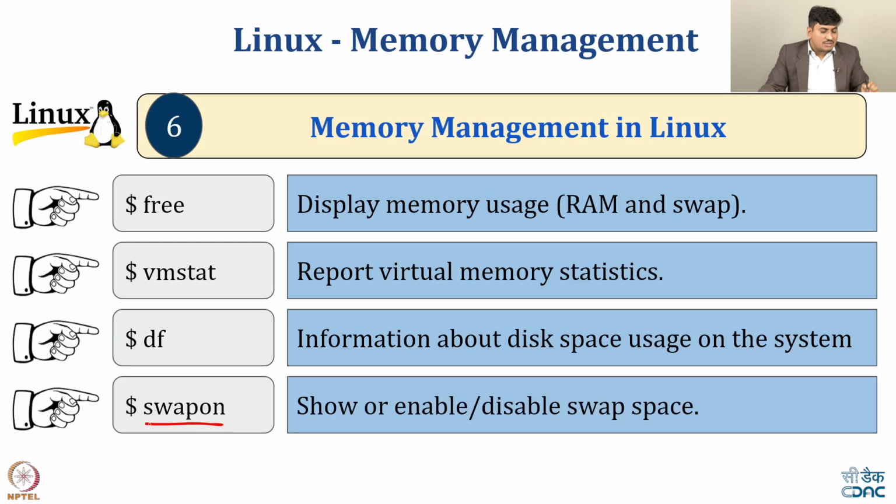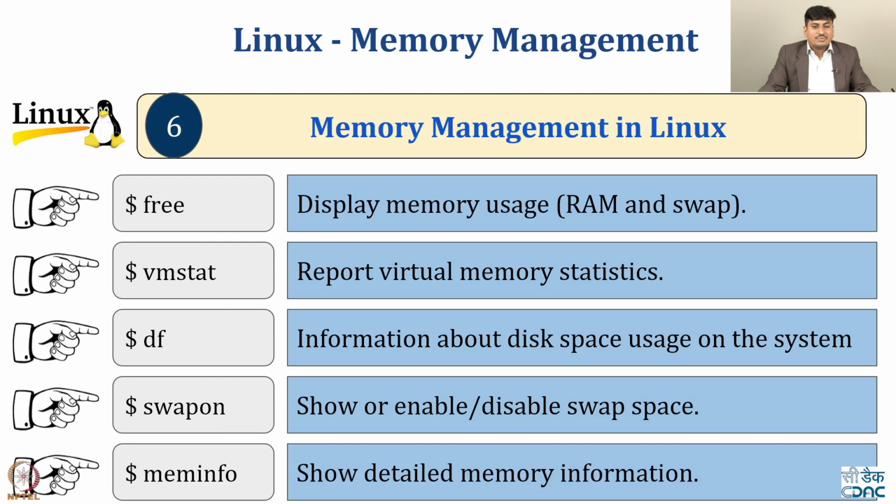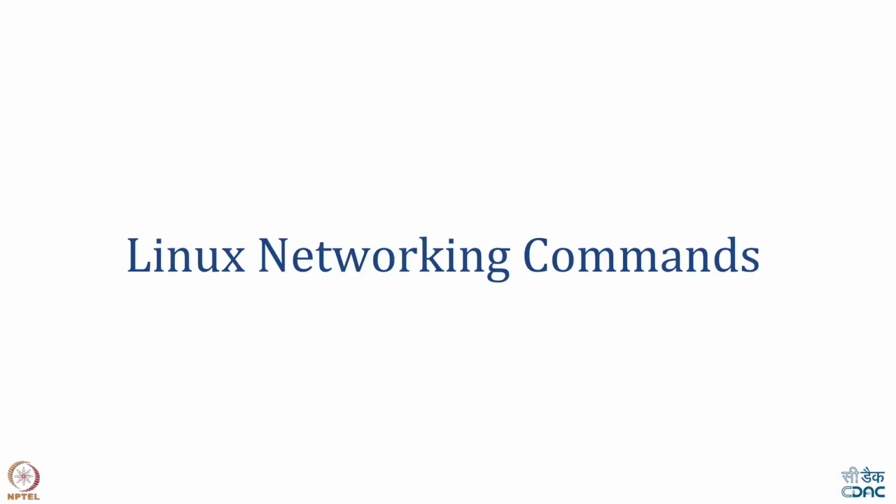Another usable command is swapon, which shows or enables and disables the swap space available on the system. Then meminfo is another interesting command which shows detailed memory information. If I want the information in detail, I can use such commands.